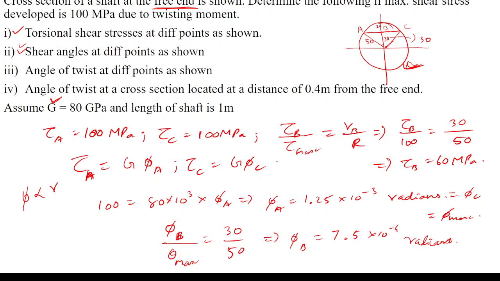So I'm going to the next slide. I'm solving it here. So theta A equals theta B equals theta C, which is equal to theta max. Why? Because the cross section is at the free end, so maximum angle of twist is at the free end of the cross section. So how can I find out the value of this theta?